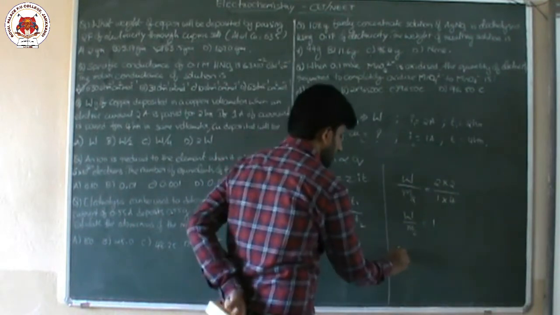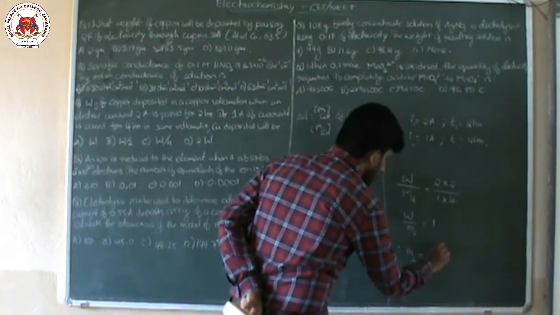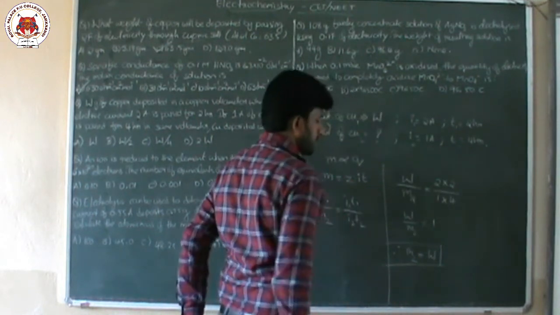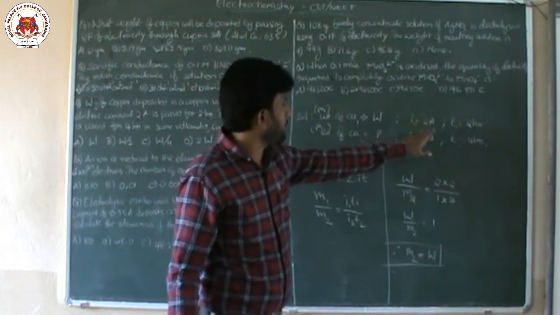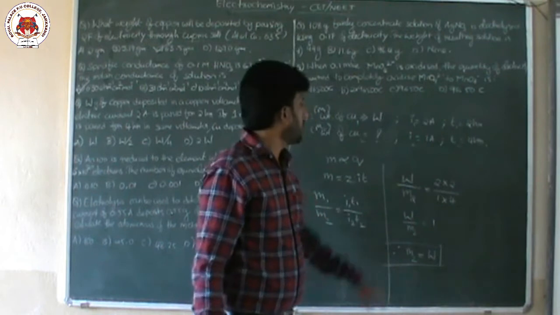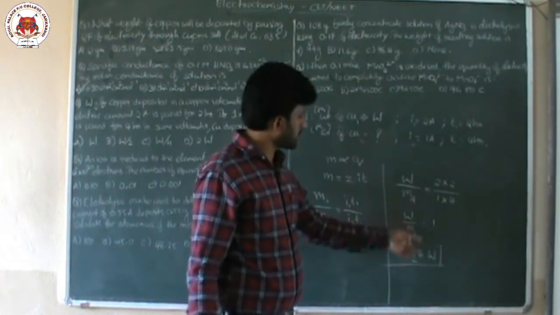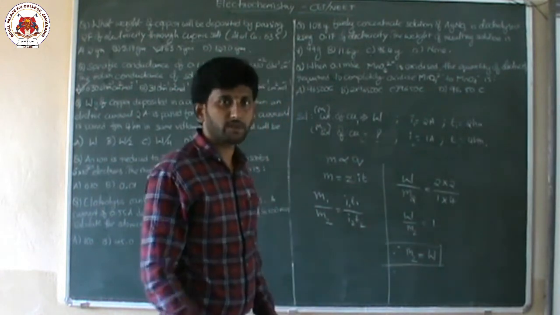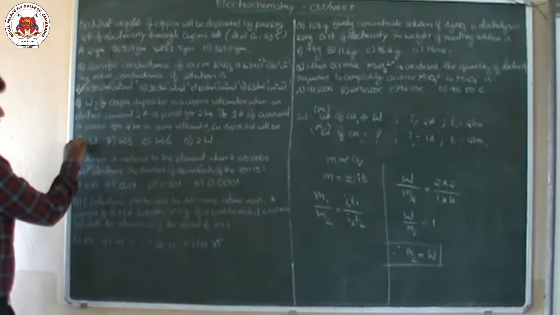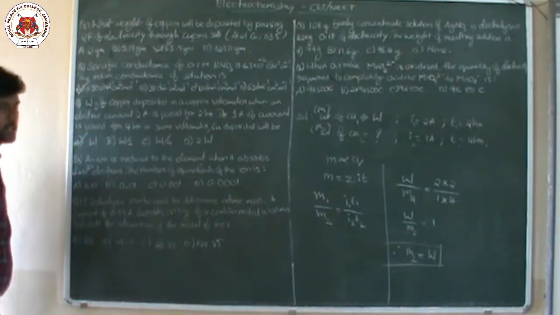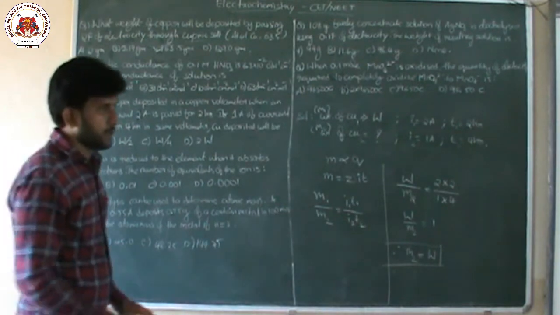That means therefore M2 should be equal to W. That means if you pass 2 amperes for 2 hours or 1 ampere for 4 hours, the weight of the substance deposited will be the same. So the answer should be W, option 1. Next.